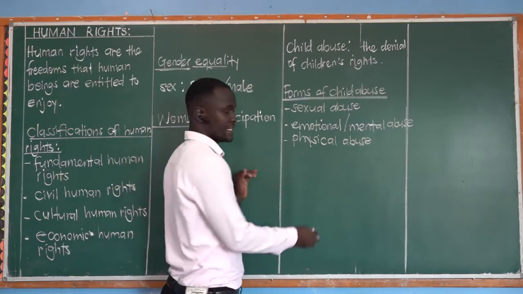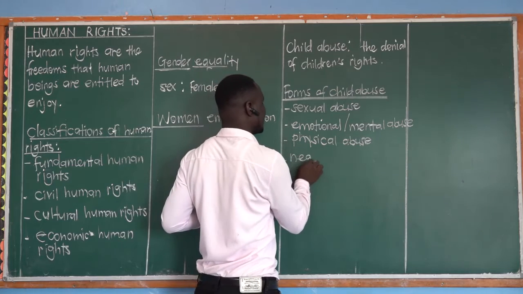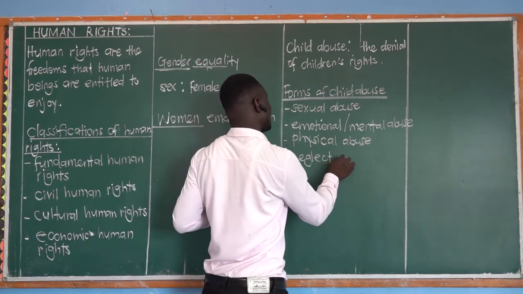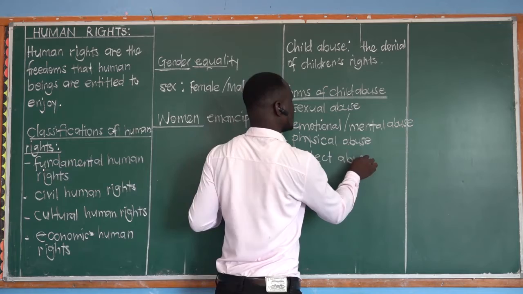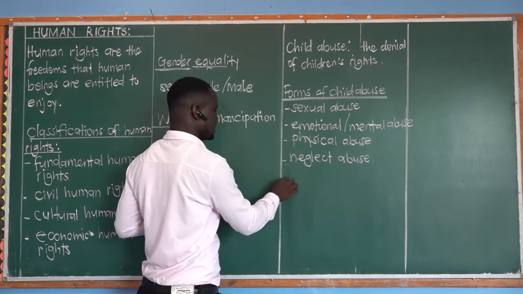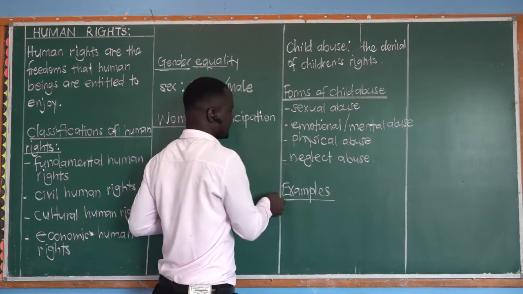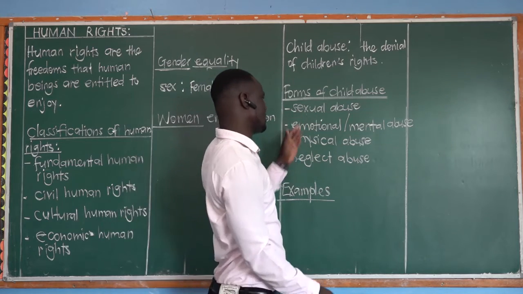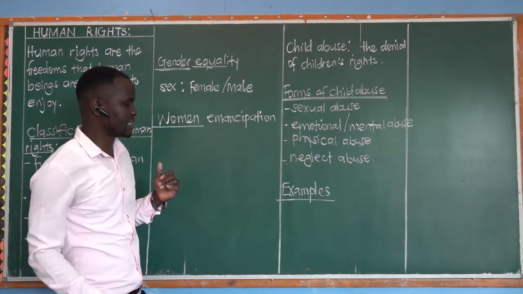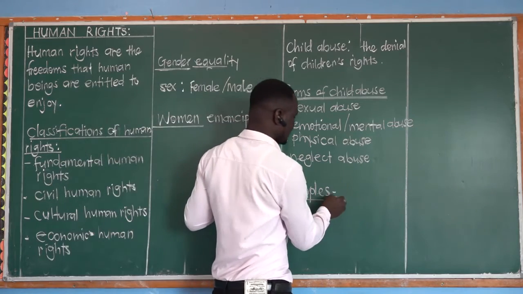And then finally we shall have neglect abuse. So these are the forms. Then we shall move to examples that we can now categorize in this format. For example, we have child labor.